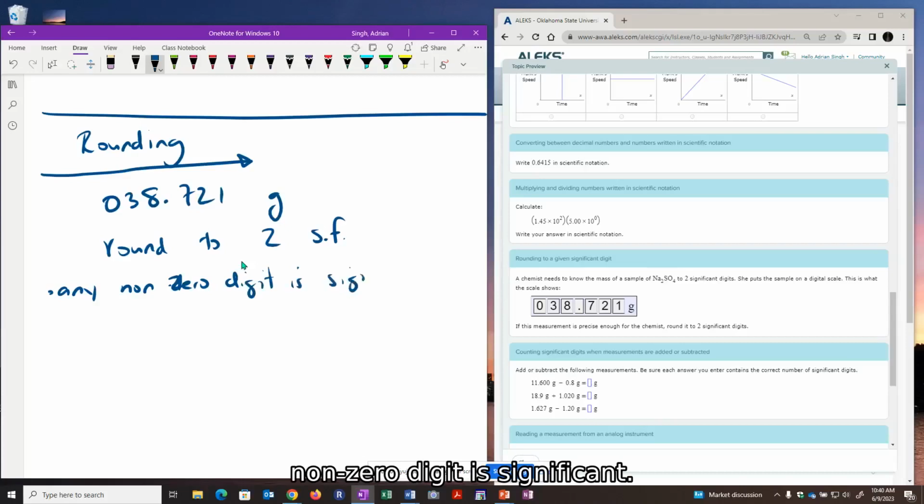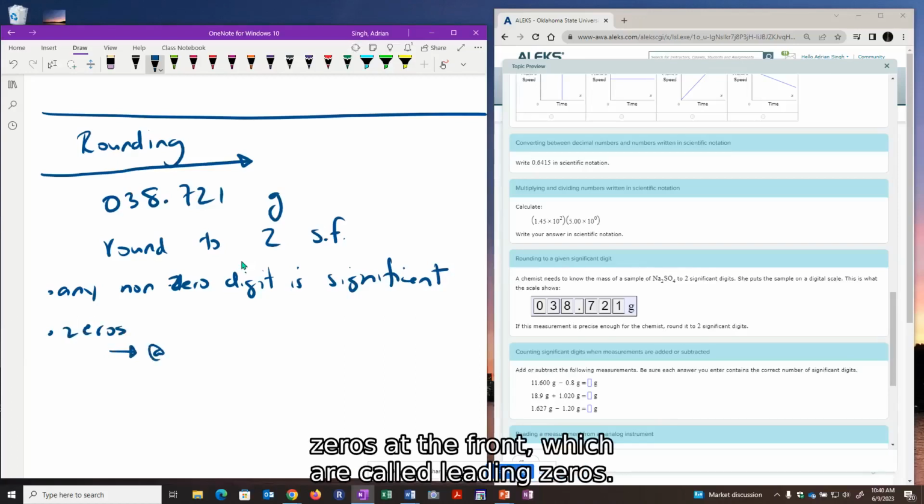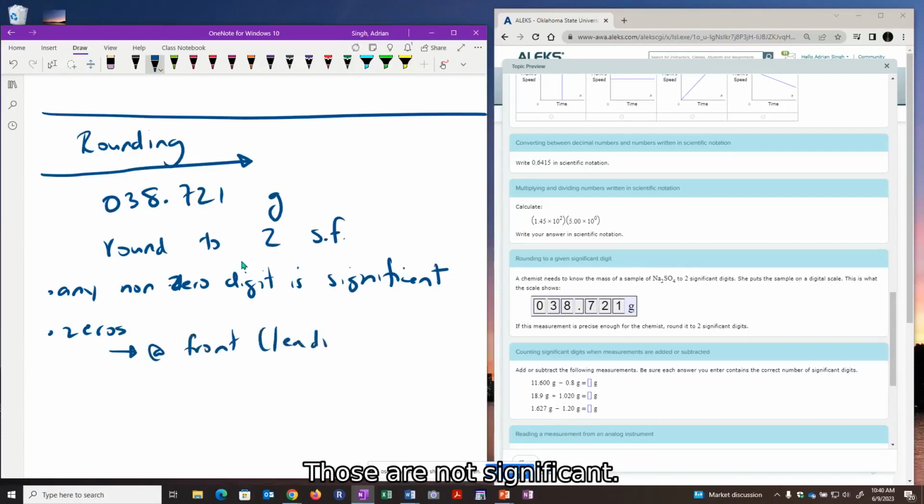Any non-zero digit is significant. And then the zeros are where we need to pay a little closer attention. Zeros at the front, which are called leading zeros, are not significant.